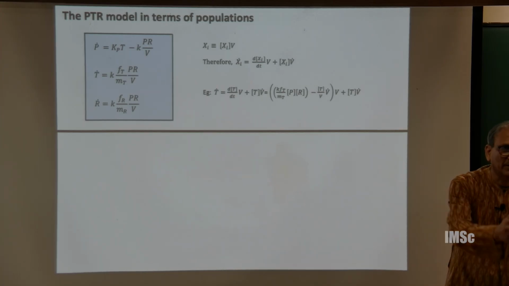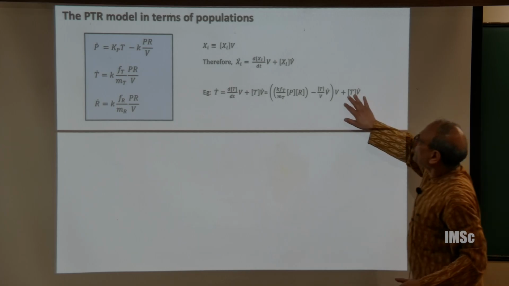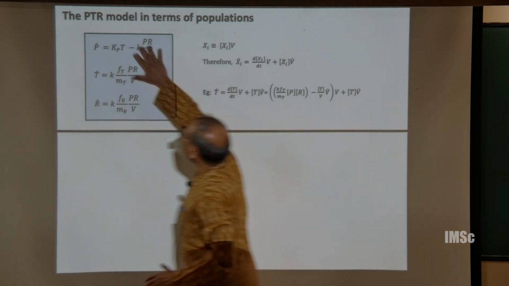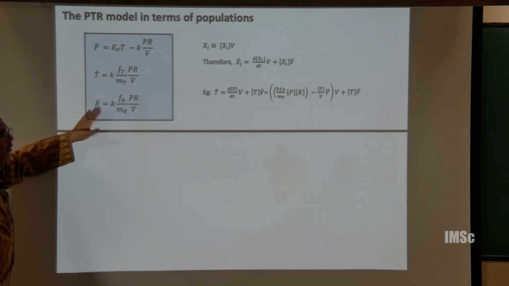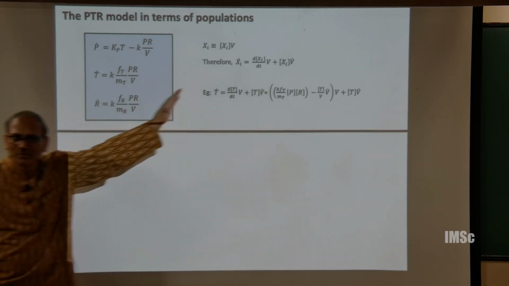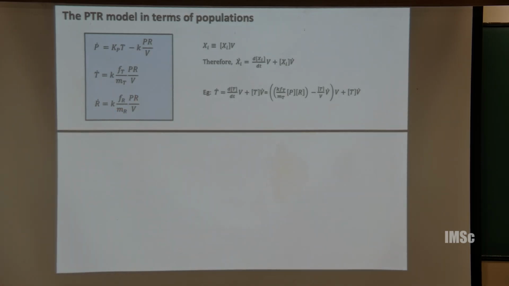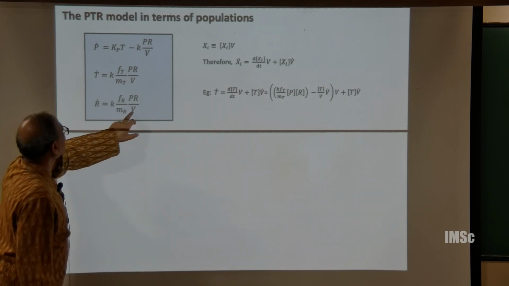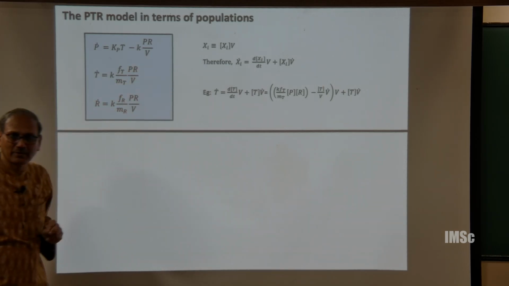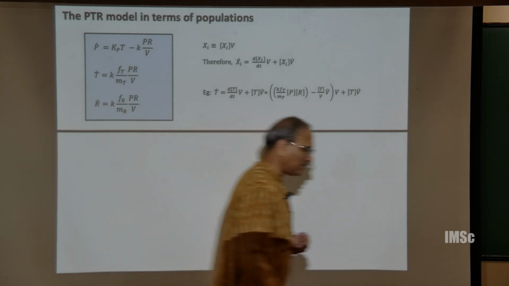So this typically always happens. When you write the equations in terms of the populations, you don't have to write the dilution term. Okay, the dilution term is in a sense already included. If you like, this volume is now time dependent.